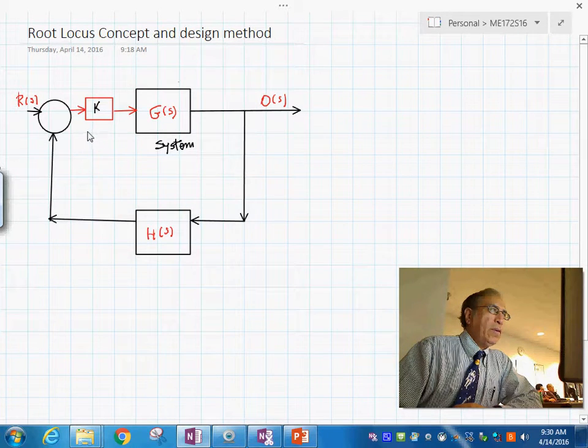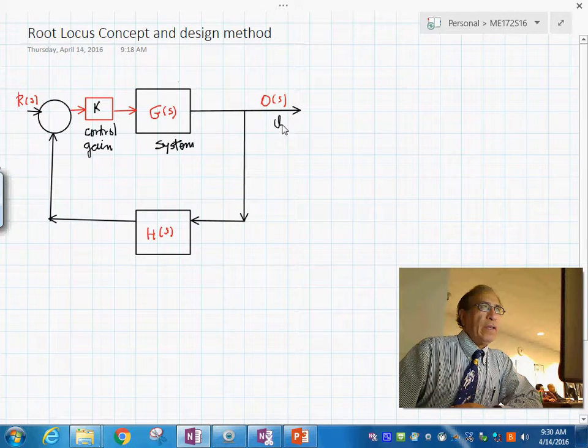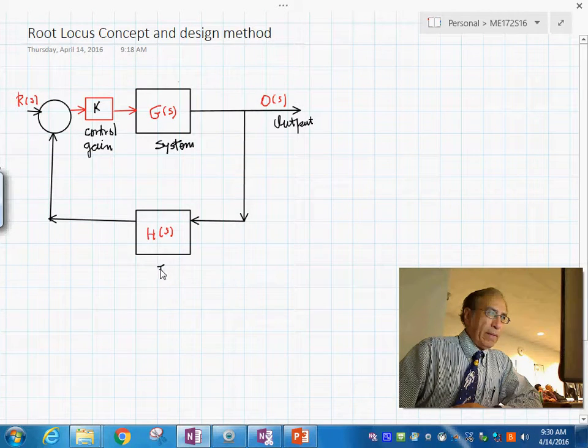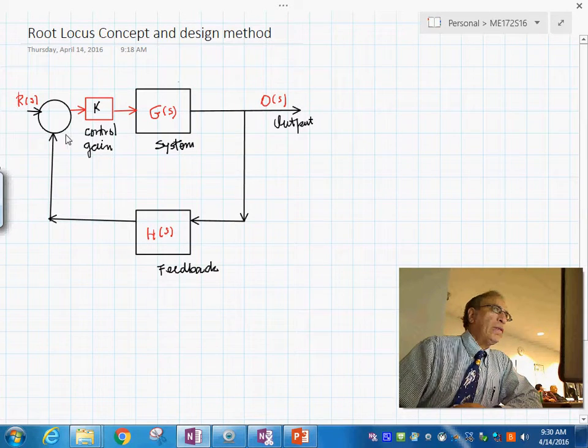This is your control, and because it's a constant, we're going to call it control gain. This one obviously is the output, and this is your feedback. This in here we already see is the error, and that's the error that we are trying to correct. This is your reference.